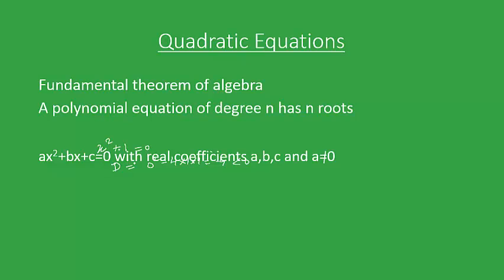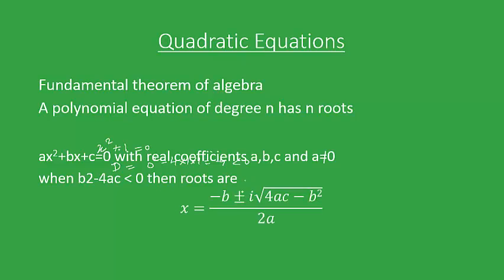Okay, so if a, b and c satisfy this condition and the discriminant b square minus 4ac is less than 0, then the roots are given by x equals minus b plus minus iota times root of 4ac minus b square, upon 2a.